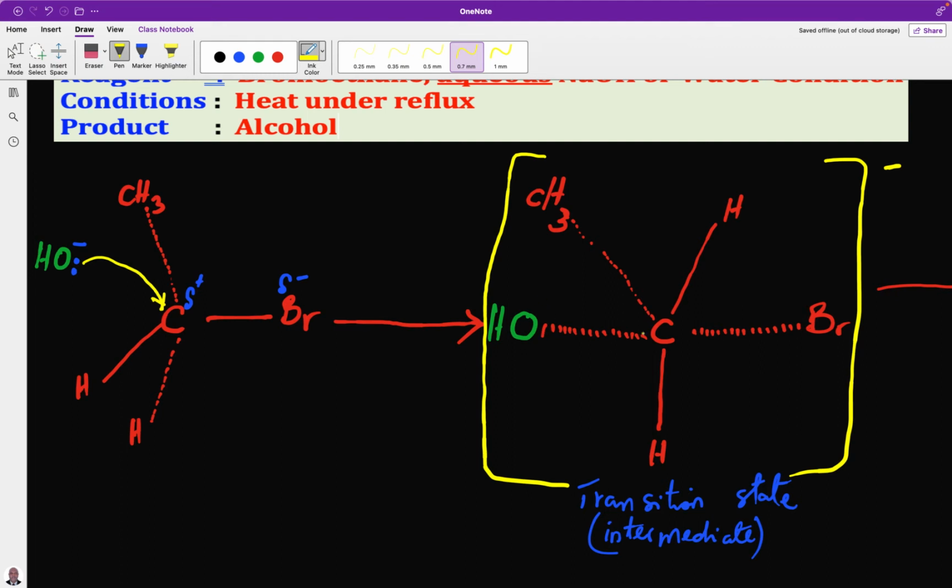We call this a transition state, where the carbon bromine bond is just at the point of breaking, while the carbon nucleophile, or the carbon OH bond, is just at the point of formation.